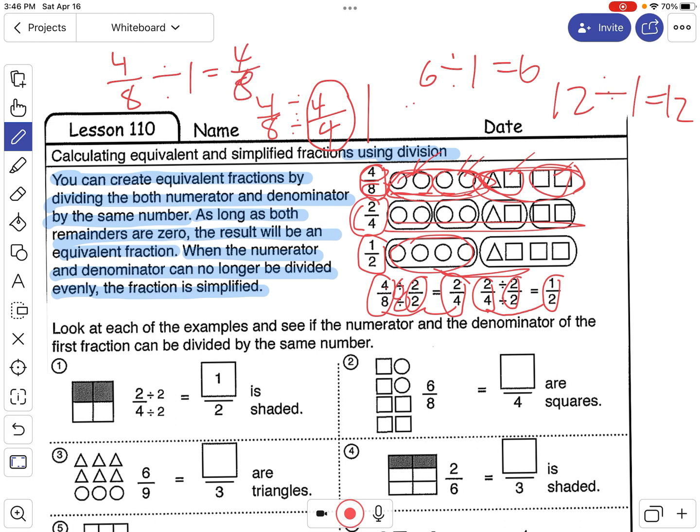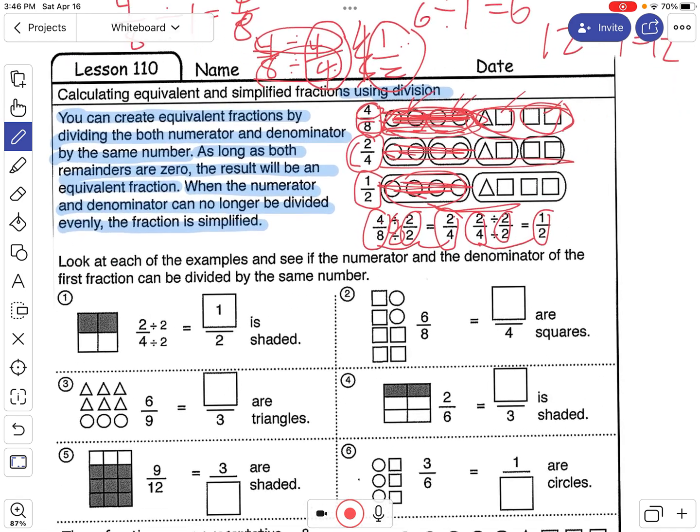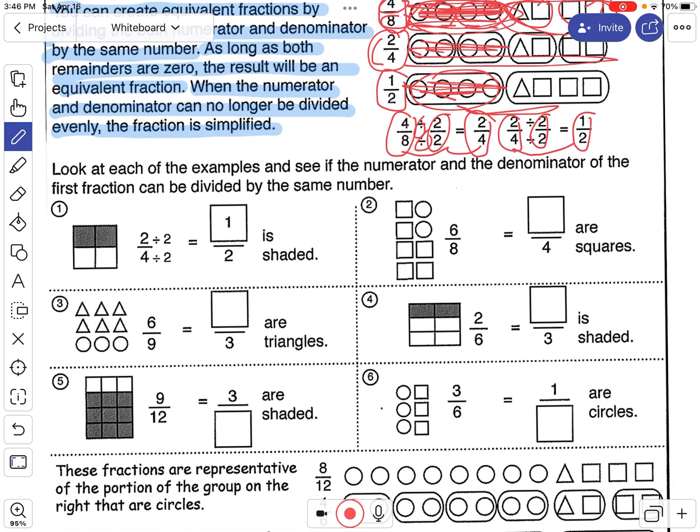But by dividing it by 4/4, I'm doing 4 divided by 4, which is 1, 8 divided by 4, which is 2, and so 4/8 divided by 4/4 is equal to 1/2, and 1/2 is the same thing as 4/8. See, half of the shapes are circles, half of the shapes are circles. It's still the same idea. It's the exact same amount of stuff.